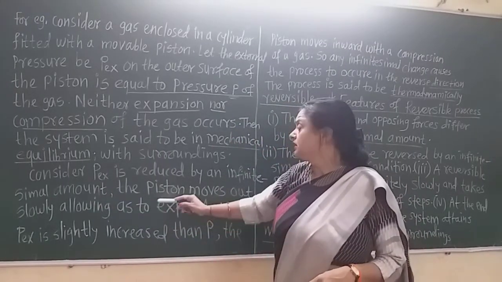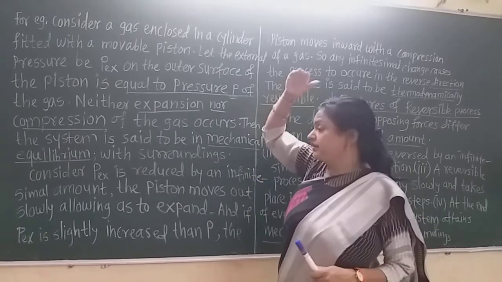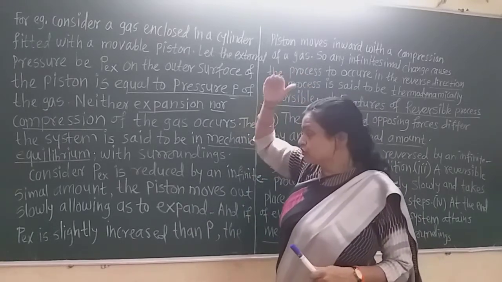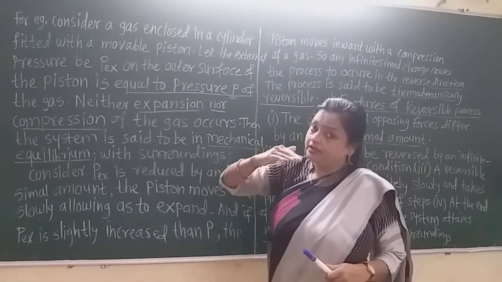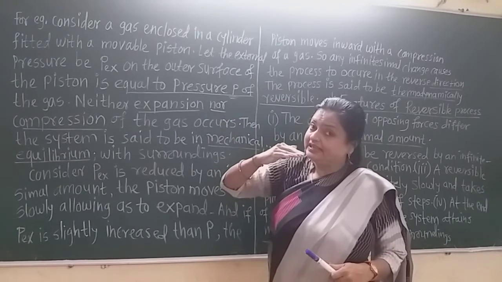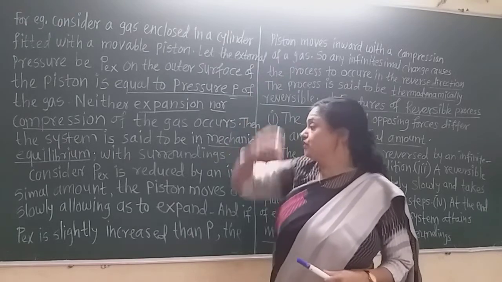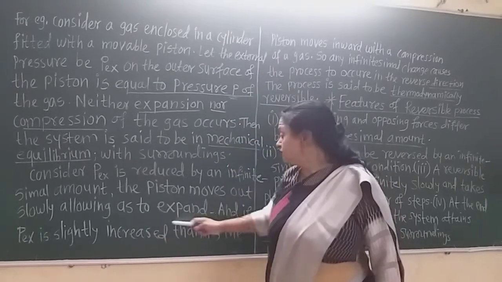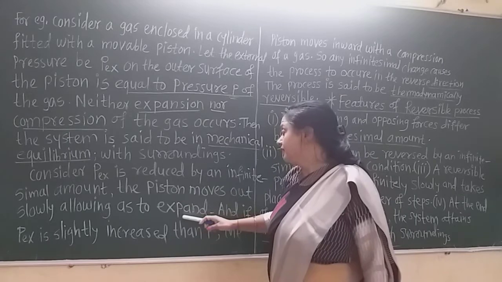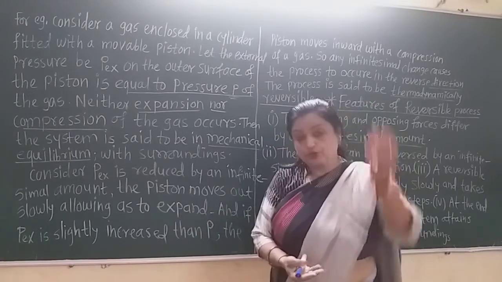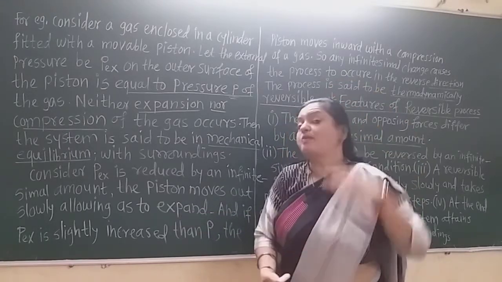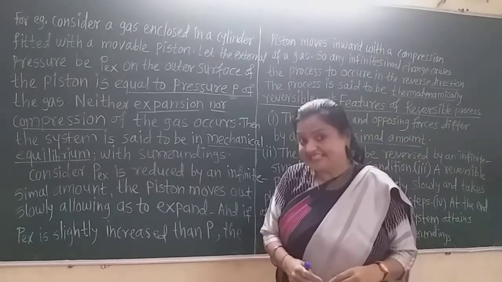Then what happens? The piston moves upward, moves out slowly, because P external becomes infinitesimally less than P, and due to that the piston moves outwards slowly, allowing the gas to expand. The volume of the gas increases.